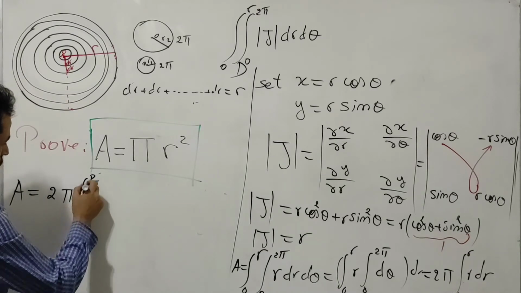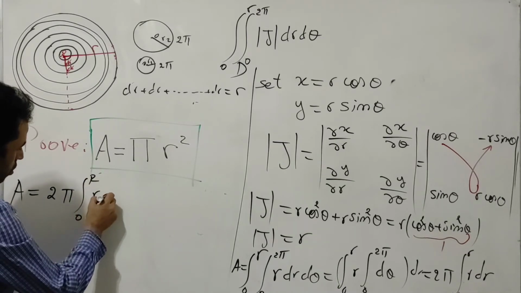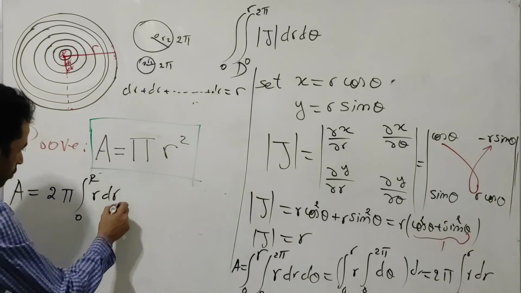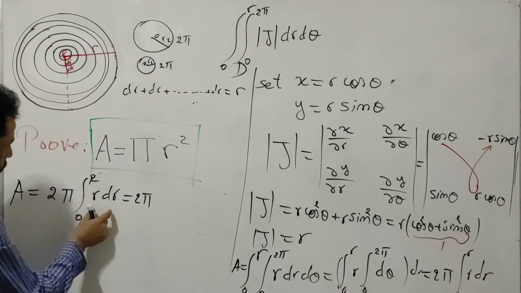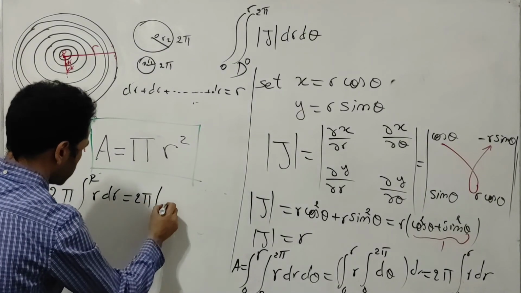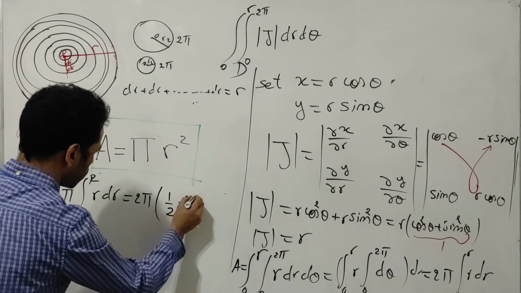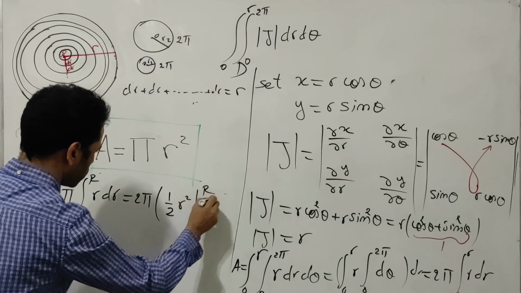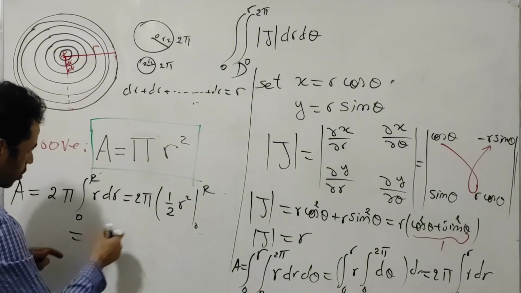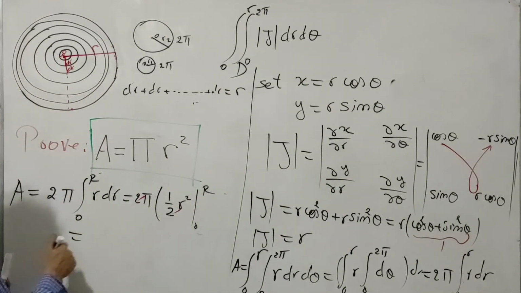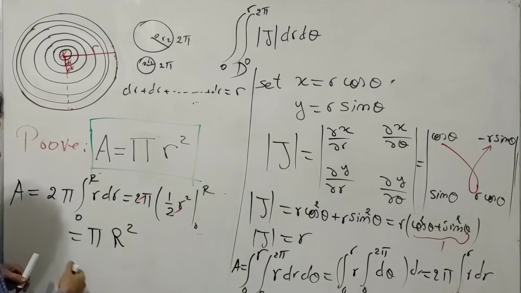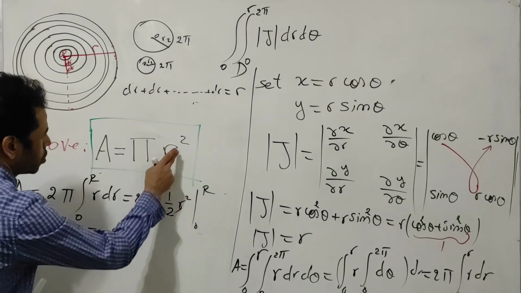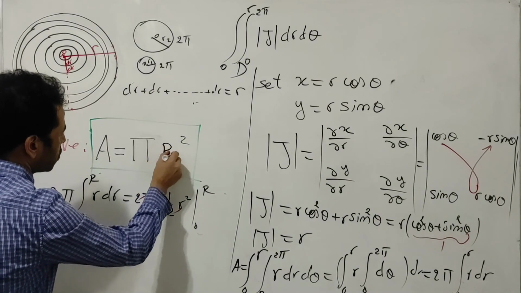So we get the integral from 0 to R of r dr, equal to 2 pi. The primitive of this is half multiplied by r squared, evaluated from 0 to R. So the area of this circle, by cancelling the number 2, is pi R squared. This R squared is the same thing as r squared.